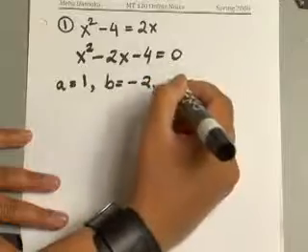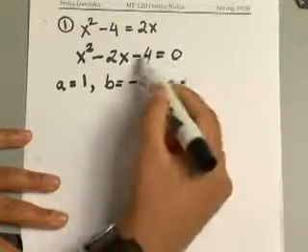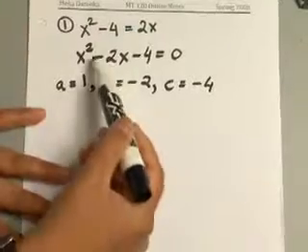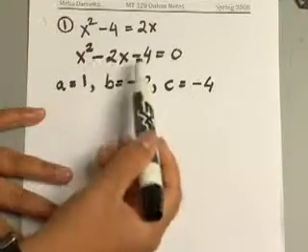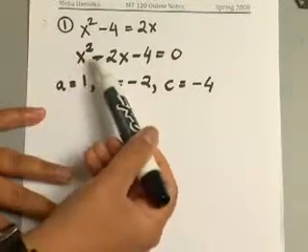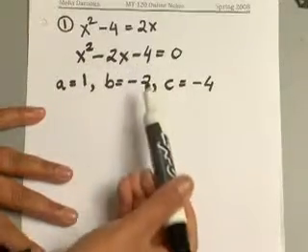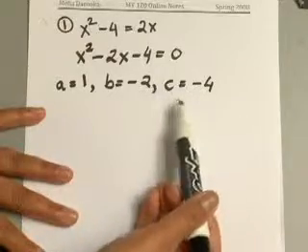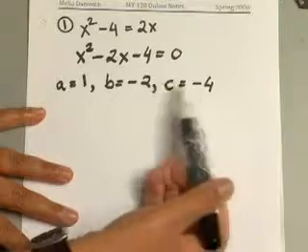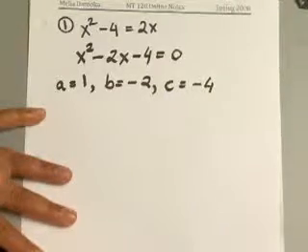And c, of course, is the constant term, so your c will be negative 4. Anytime you have a minus sign, your coefficients will be negative. If this was x squared plus 2x plus 4, then your coefficients would have been positive numbers. So if it's negative or minus, you have to include the negative as part of your coefficients.